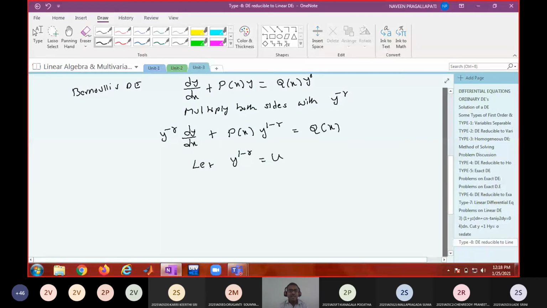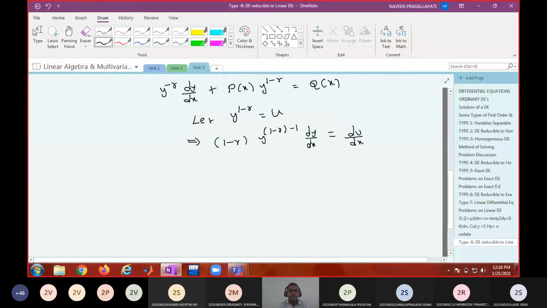Then differentiate both sides with respect to x. The derivative of y power 1 minus r with respect to x is 1 minus r into y power 1 minus r minus 1 into dy by dx equal to du by dx. Do you agree or not? So 1 minus 1 gets cancelled.